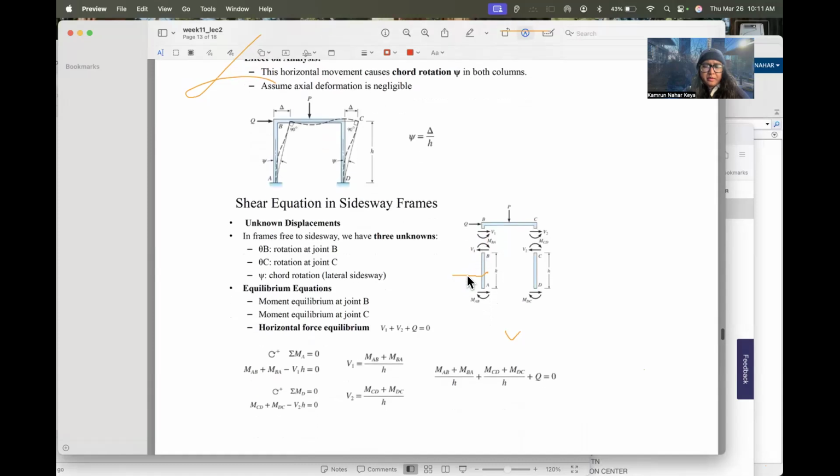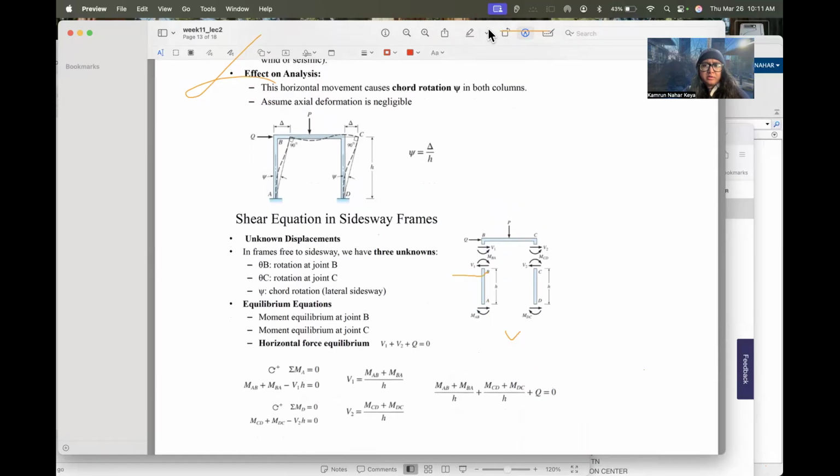So we separate the structure: I have bar AB, bar BC, and then bar CD. We just separate it and then draw the moments.